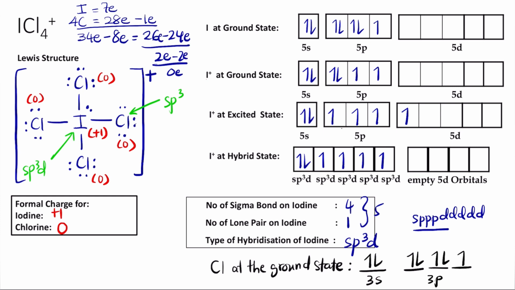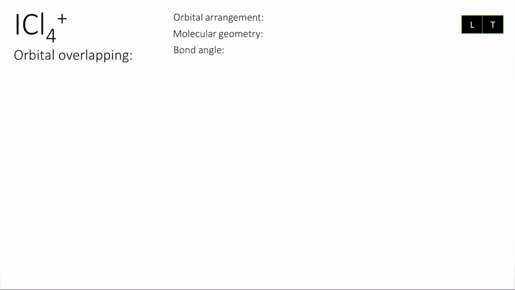And now, barulah saya boleh continue untuk draw the orbital overlapping. So this is orbital overlapping. Kalau lihat dekat sini, saya ada ICl4+, iodine adalah sp3d. So bila sp3d, dia akan adopt the orbital arrangement sebagai trigonal bipyramidal.